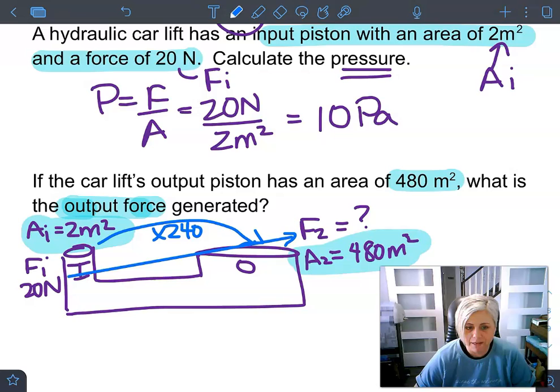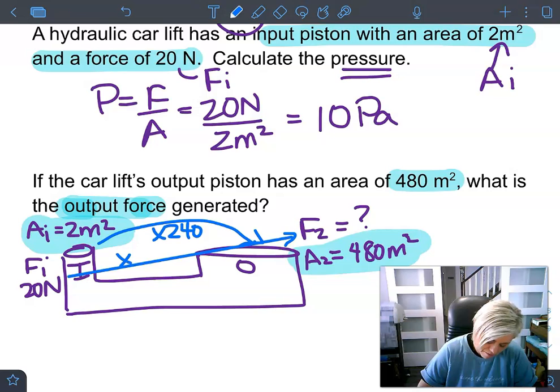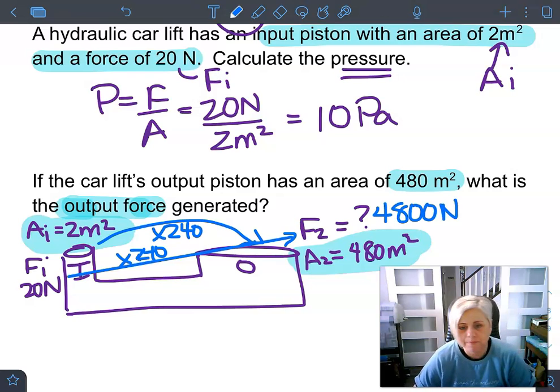If my area increased by 240, I'm going to increase the force by 240. So if I multiply 20 by 240, I will get 4,800 newtons. Simple as that.